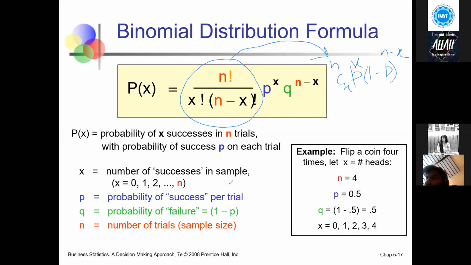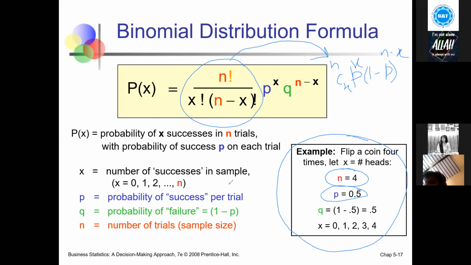We have an example: flip a coin 4 times. Four times means n is 4. x is the number of heads. We know that the probability of head and tail are equal, 50% chance for the head and 50% chance for the tail.